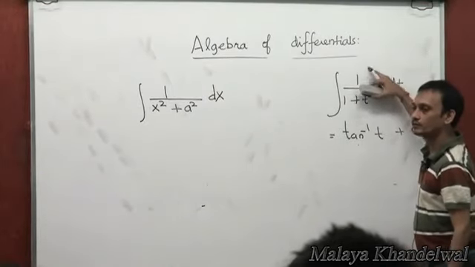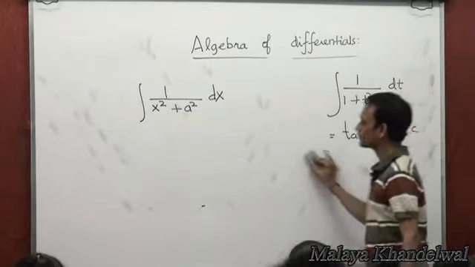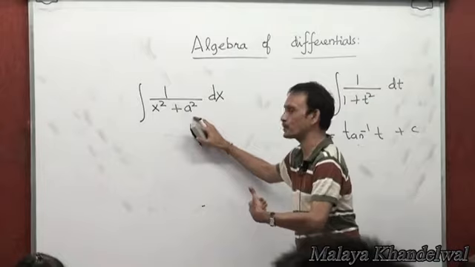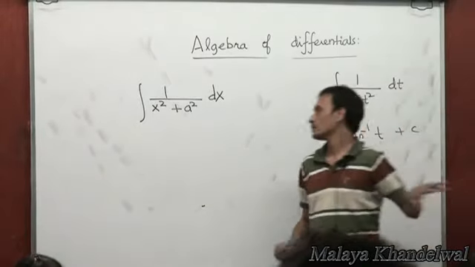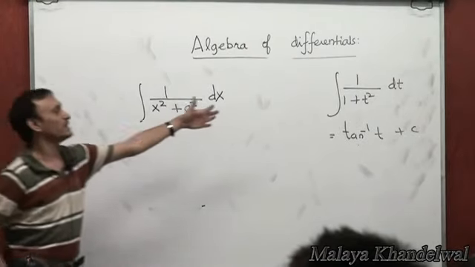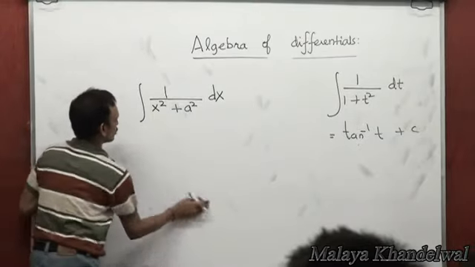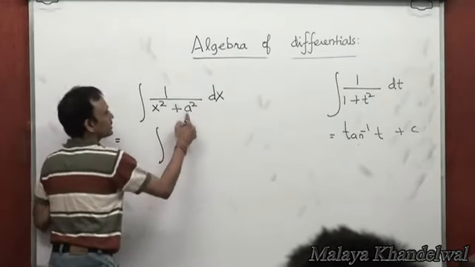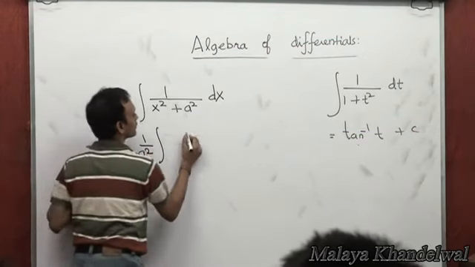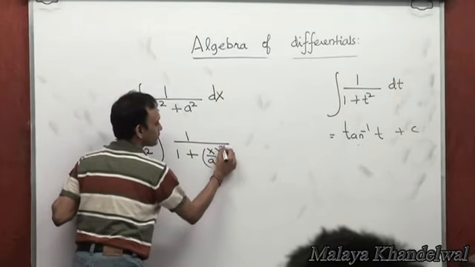See, this was a known integral, 1 by 1 plus t squared dt, that's tan inverse t plus c, alright? Now we have a variant to this form, which is 1 by x squared plus a squared. Now, all the algebra that I carried out there was my attempt to bring it to this form, right? So, at the very onset, I took a squared common from this, leading to 1 plus x by a whole square.